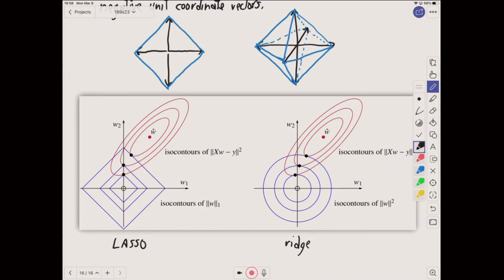And so now we have these diamond-shaped isocontours instead of circular isocontours. And the solutions, depending on the value of lambda that we get, are these points here. So again, those are the possible solutions for different lambdas.